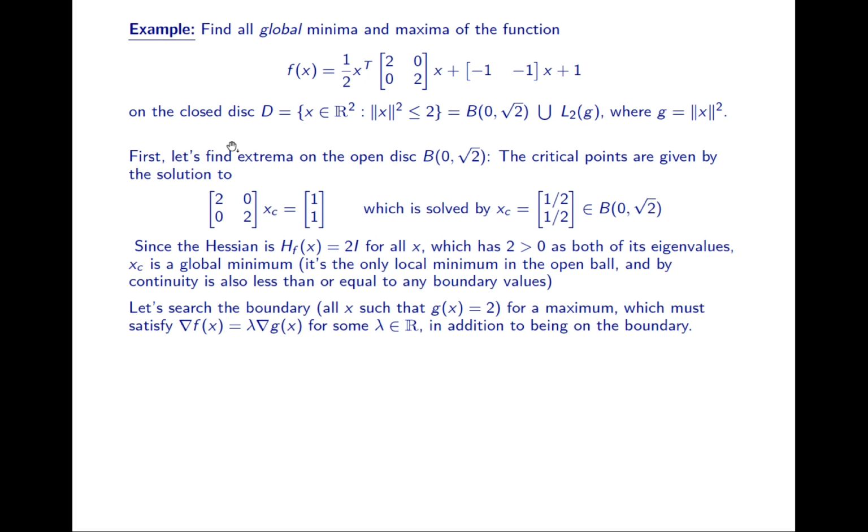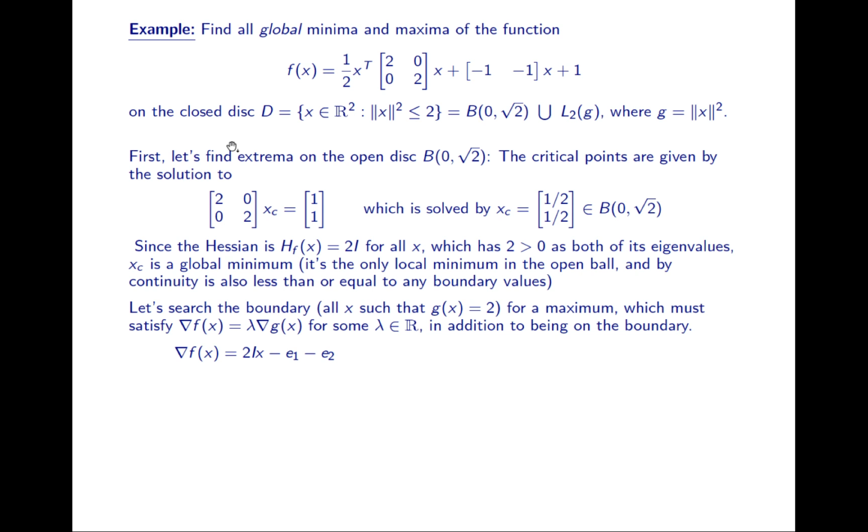So now let's search the boundary, that is all x such that g of x is equal to 2, or the two-level set of g. Let's search the boundary for a maximum, because of course we already found a minimum in the interior. So if we have a maximum on the boundary, then the gradient of f must be a scaling of the gradient of g.